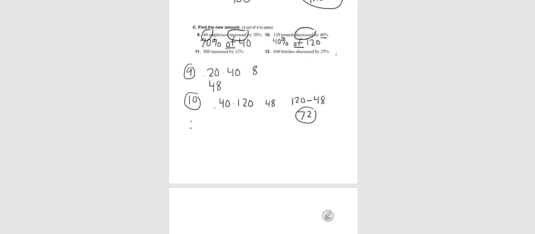Okay, number 11. $80 increased by 12%. So we're first going to have to figure out what 12% of 80 is. So our multiplication problem, because this says of, and remember of means to multiply, would be 0.12 times 80.